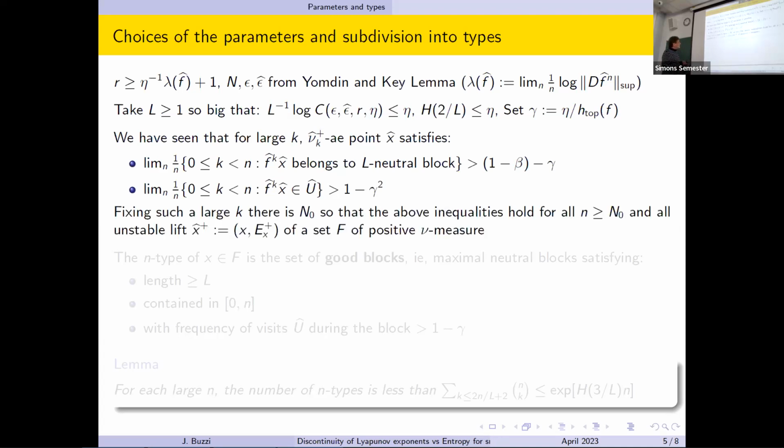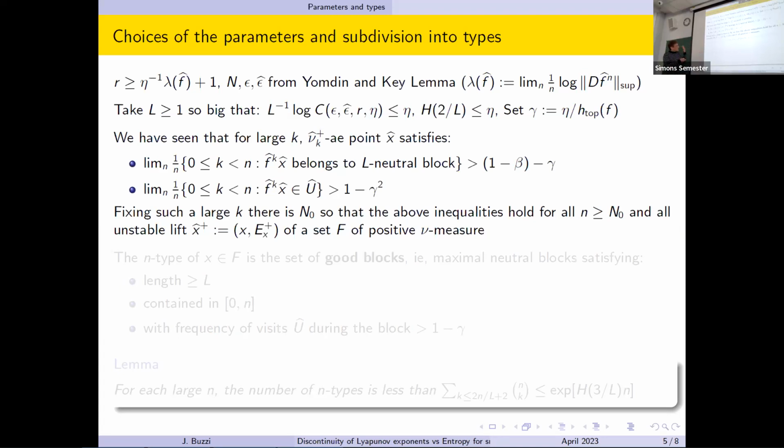Okay, and now we do the usual thing. So this first step fixes k, and then here we had a set of measure 1, and this was in the limit.